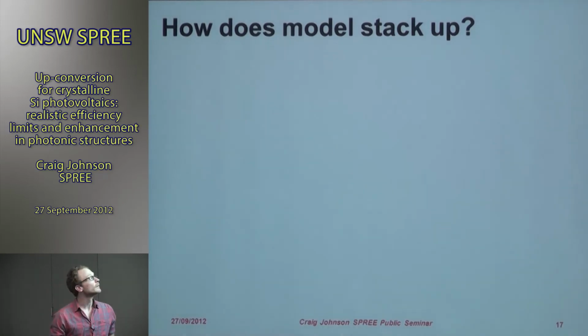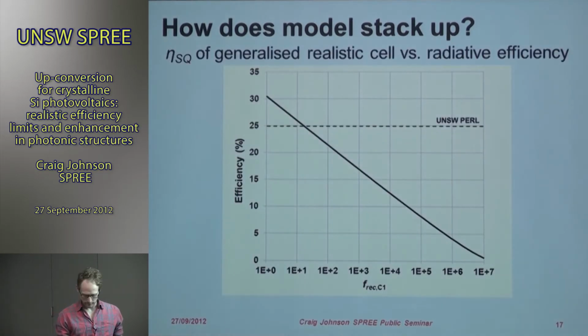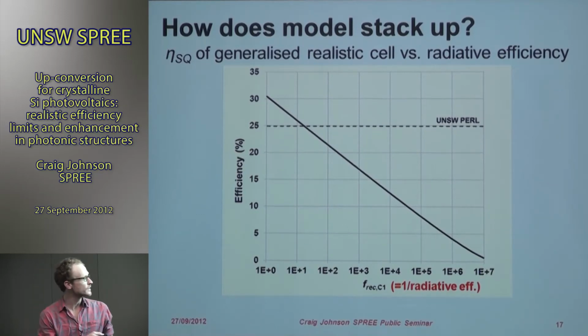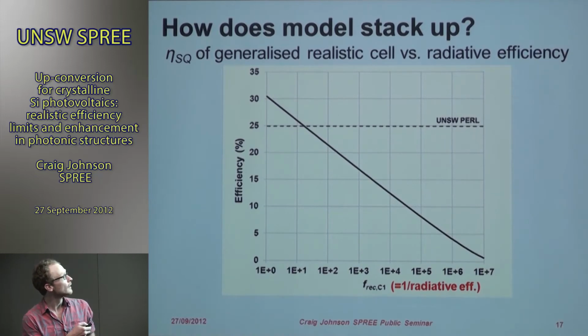So how does it stack up in terms of the single junction Shockley-Queisser limit? Well, this is a plot of the limiting efficiency of a single junction device against the radiative efficiency of the device. What we can see is that this thing here, FREC, is actually the reciprocal of the radiative efficiency, so this is 100% radiative efficiency and this is terrible radiative efficiency.